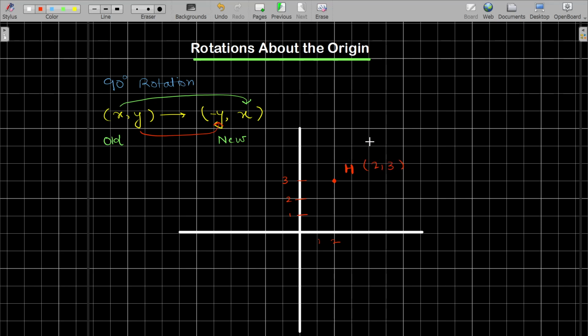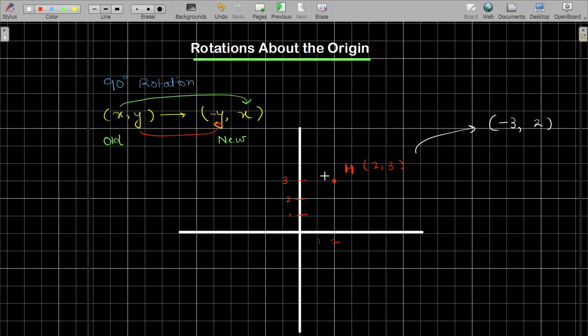If we rotate it 90 degrees around the origin in the counterclockwise direction, then this is the rule. See, your x coordinate will become the y coordinate, so the y coordinate will be 2, and the y coordinate will change its sign and become the x coordinate of the new point.